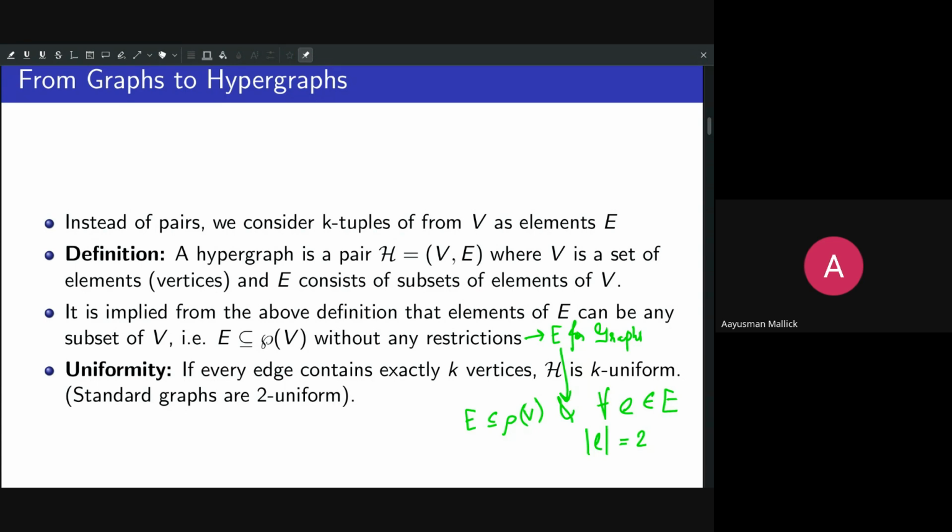For example, let me draw something. Suppose these are the 3 points, and we draw.